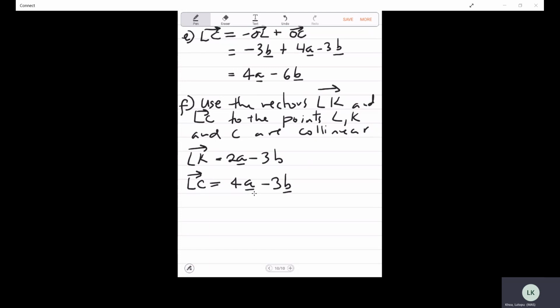So what I will do is I'll rewrite this LC. I will factor a 2 out. So this is 2 times (2A minus 3B). This is 2 multiplied by LK.